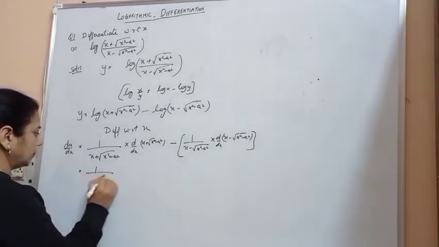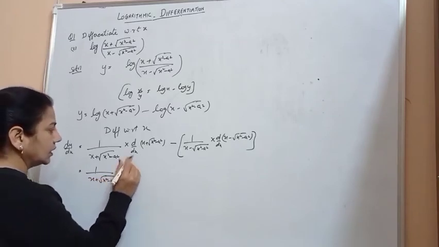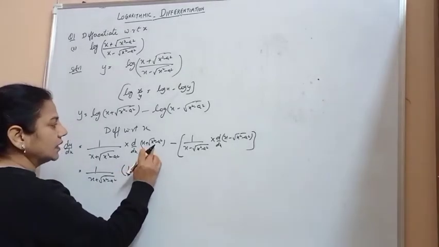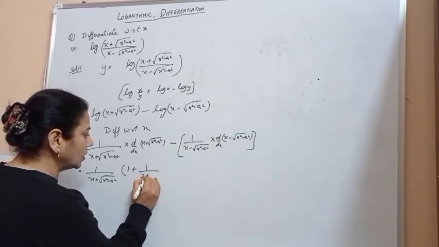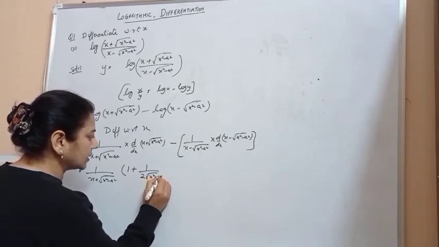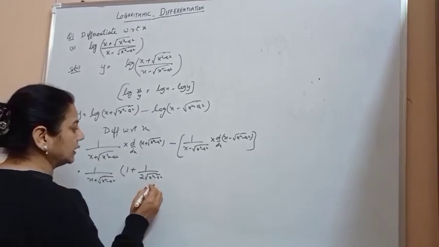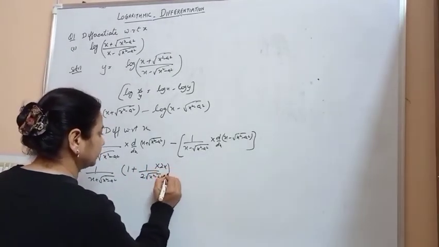This I get 1 upon x plus under root x square minus a square. This derivative gives me: derivative of x is 1, plus under root x square minus a square is 1 upon 2 under root x square minus a square into the derivative of x square, which means 2x, into 2x.